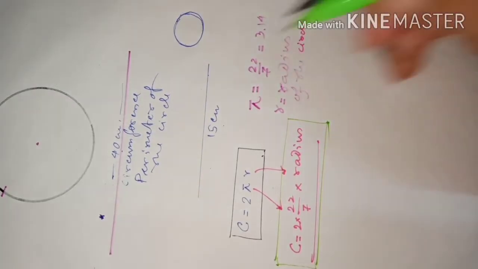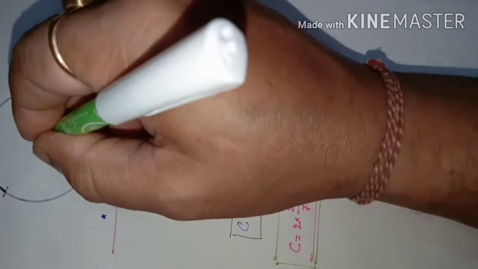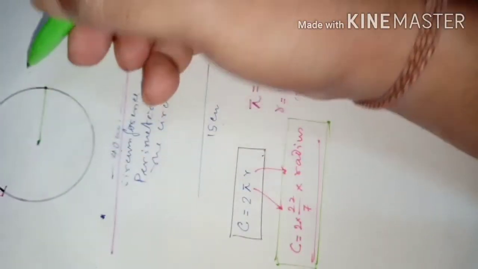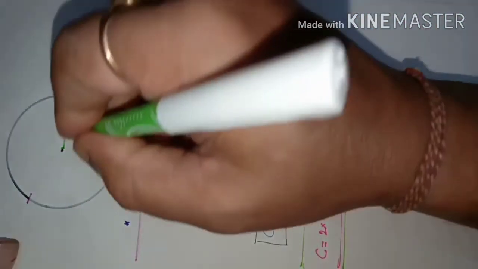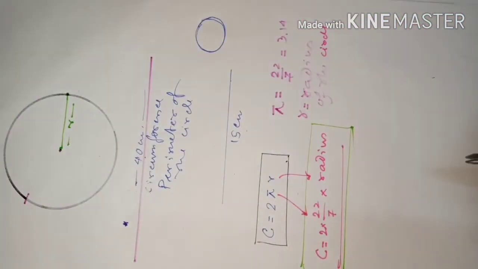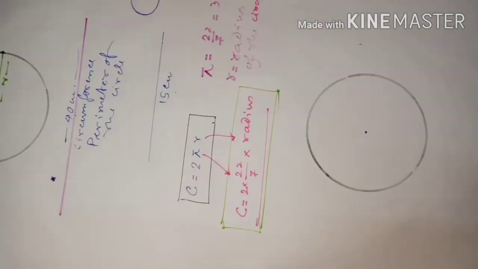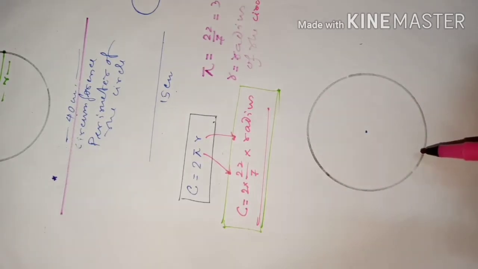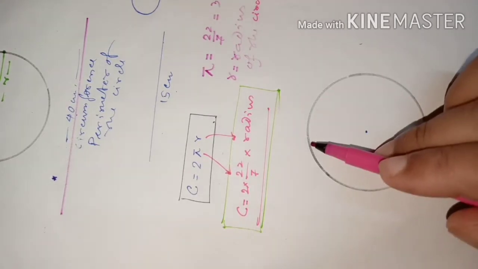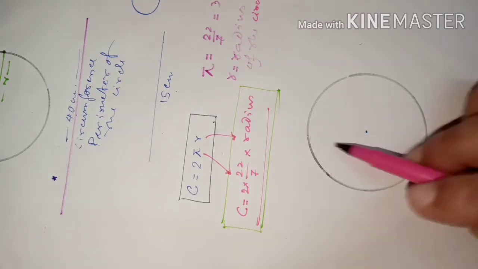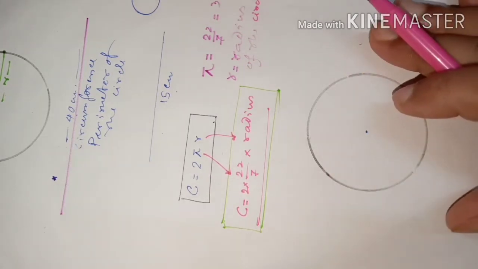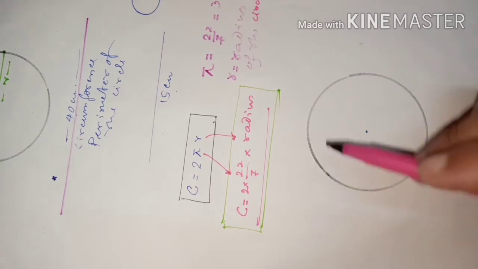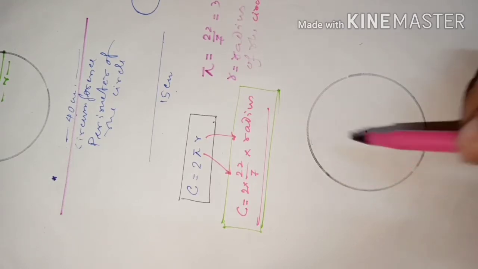What is radius? The distance from the center to any point of the circle. That is radius. Suppose a cycle ring is lying on the ground, flat. Then the cycle ring will cover some region of the ground.